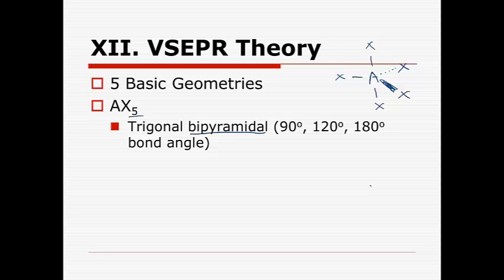The bond angles between these are 120 degrees. These 3 atoms, 1, 2, 3, make a triangle perpendicular to your paper, coming out exactly 90 degrees, and the other 2 are straight up and down.